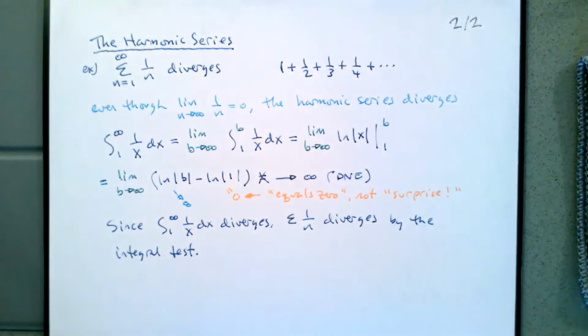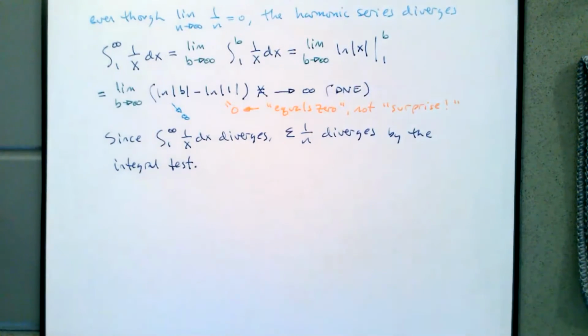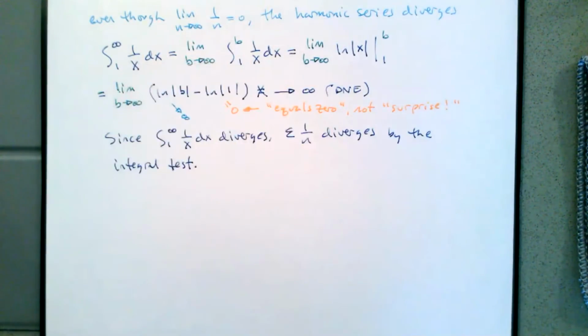So just to clarify, this is actually something we can visualize. Let's visualize the integral from 1 to infinity of 1 over x dx. The integral from 1 to infinity of 1 over x dx is the area under the graph of 1 over x and above the interval from 1 to infinity.